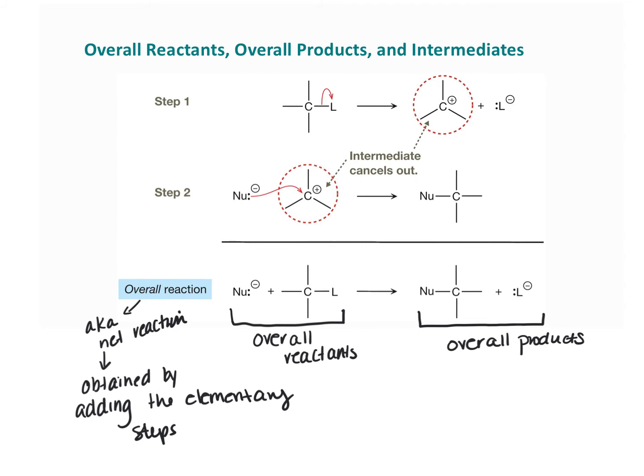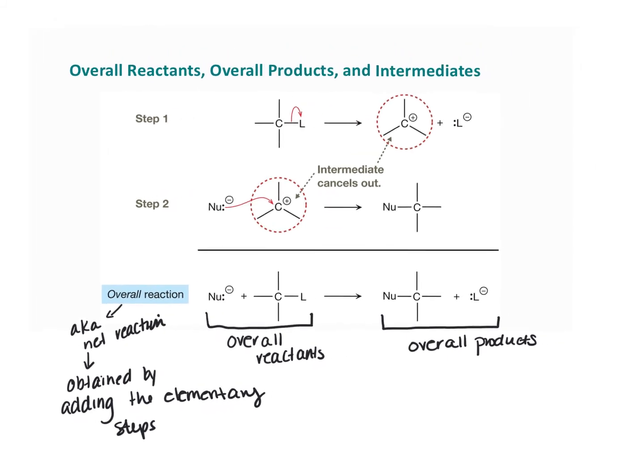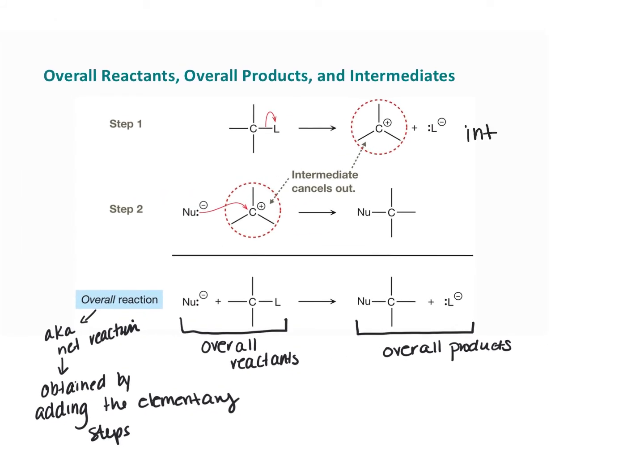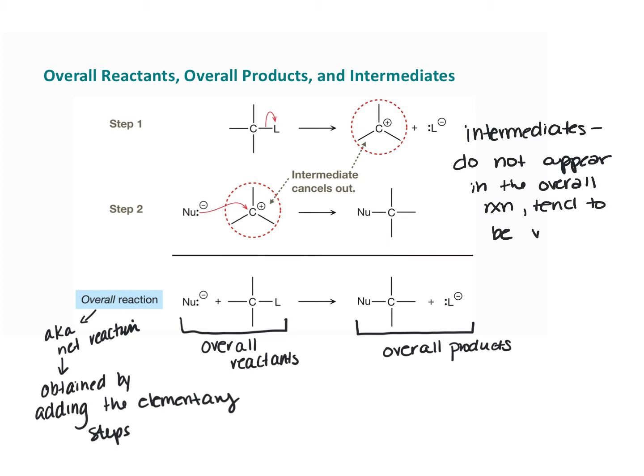So a species is an intermediate if it is produced in the mechanism but does not appear in the overall products or reactants. Intermediates tend to be very unstable and highly reactive. So intermediates do not appear in the overall reaction, and they tend to be very unstable.